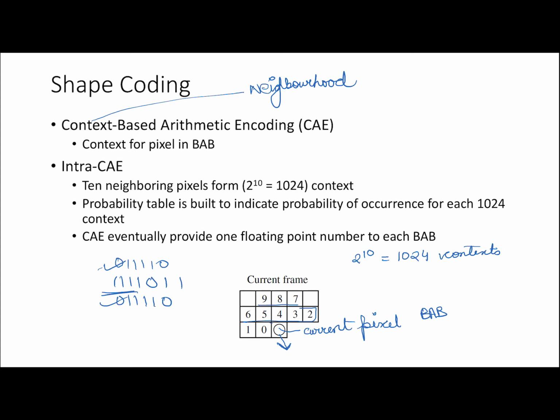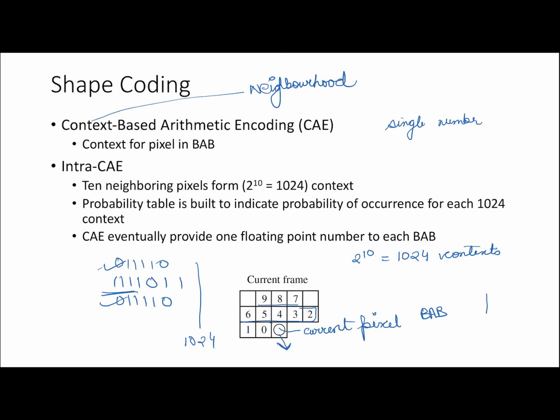So with some prior statistics we can build a probability table which contains the probability of occurrence of each of these 1024 contexts. Now if you recall from arithmetic coding, it is capable of encoding a sequence of probabilistic symbols with a single number. Now each pixel can look up the table to find a probability value for its context.